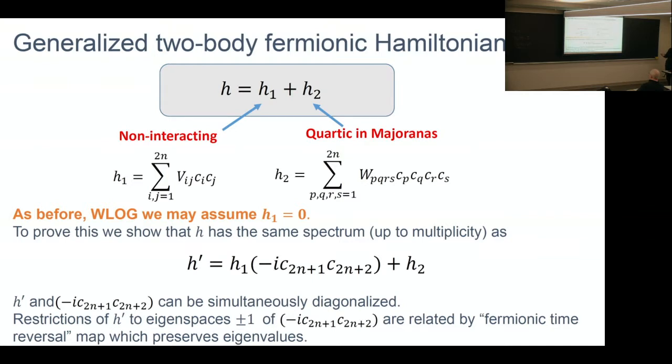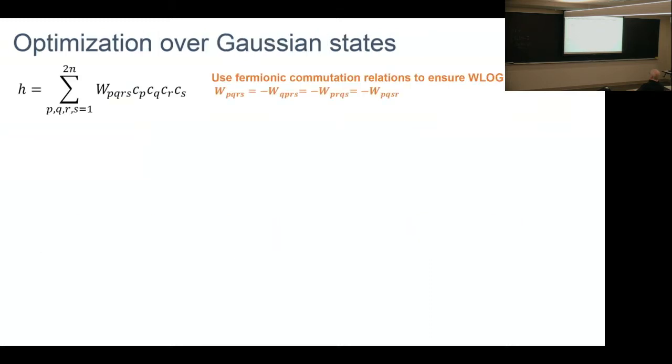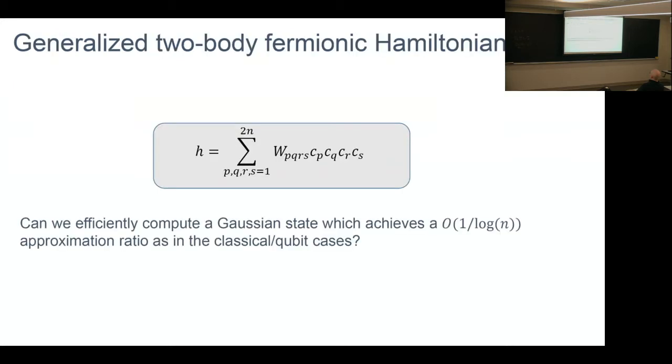And so now, let's look at what is the expected value of this Hamiltonian in a Gaussian state. So here's our Hamiltonian. We can ensure some kind of symmetry of these coefficients, just using the commutation relation of these operators.